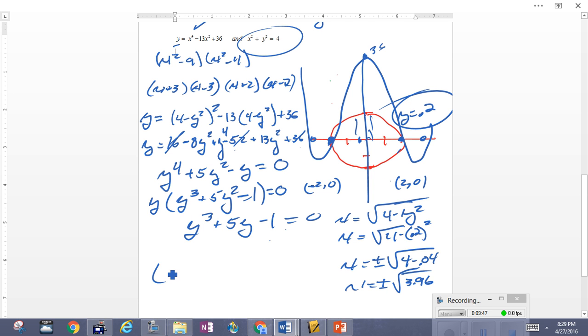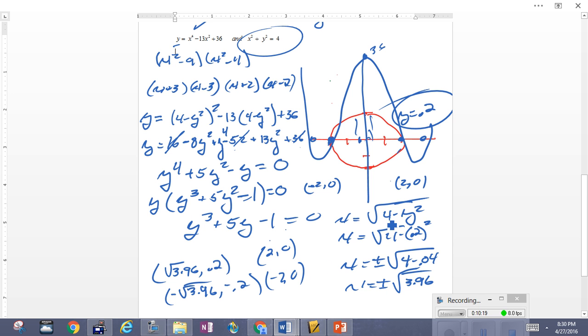So this is our x value, rather, so our points are root 3.96, comma, 0.2, and negative root 3.96, comma, negative 0.2, and then 2 comma 0 and negative 2 comma 0. So this offered us four points of intersection.